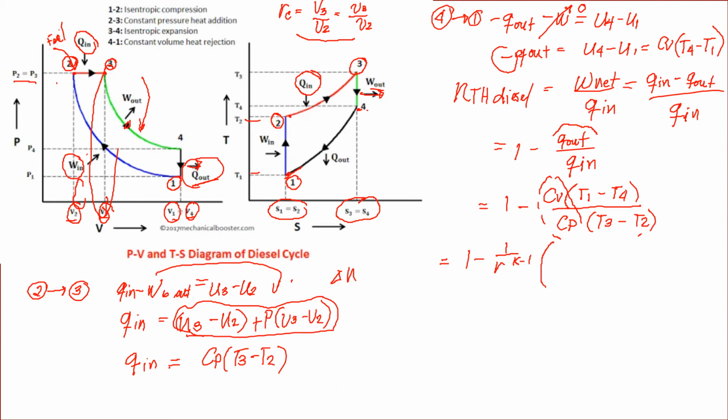We have also the inclusion of the cutoff ratio, rc to the power of k, minus 1, all over this one. We have k here because of this Cp over Cv. So this means 1 over k, and rc minus 1. Okay, we don't go along the details of it. This is a bit of a tedious derivation.